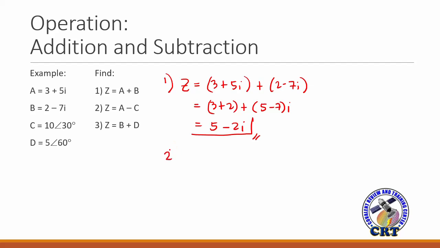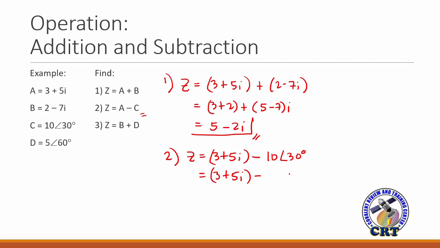For number 2, Z equals A minus C. So A is 3 plus 5i again. C is 10 angle of 30 degrees. So using your calculator or any method, convert 10 angle of 30 degrees. I will just put the conversion here.